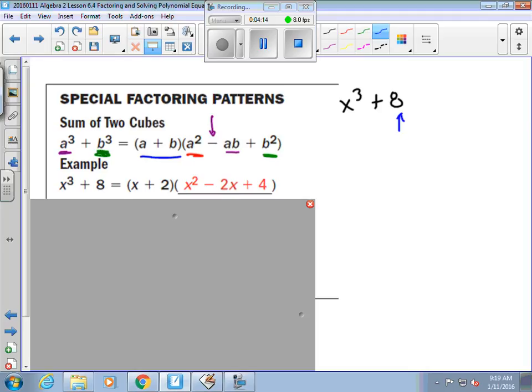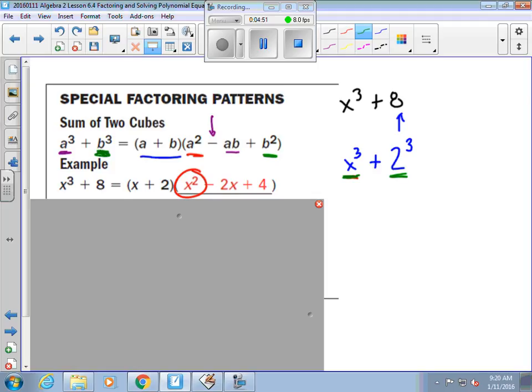8 is equivalent to 2 to the third power, because 2 times itself 3 times gives you the number 8. So this is x cubed plus 2 cubed, and now it is the sum of 2 cubes. The sum of 2 cubes, again, is this squared, then both of these together, x times 2, but it's the opposite.